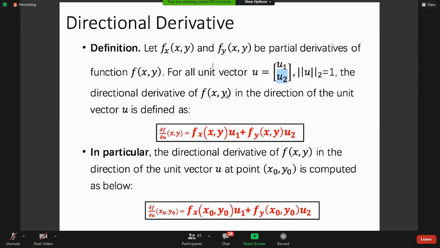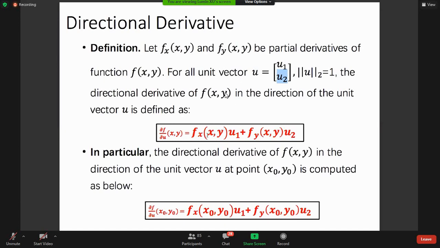I mean, if you would like to calculate the directional derivative, you should first know the direction, right? We would like to know the change in this direction. So we should first calculate the direction, I mean the unit vector, right?